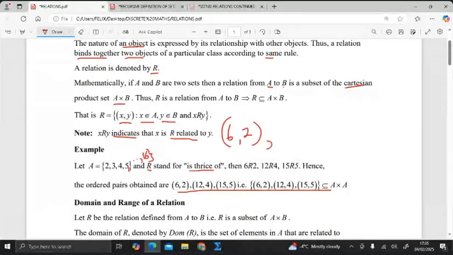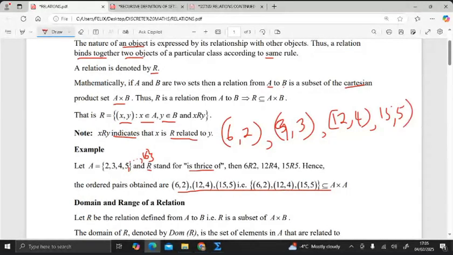6 is thrice 2. 9 is thrice 3. We have 12. Yes, it is thrice 4. And then now we have 15 is thrice 5.